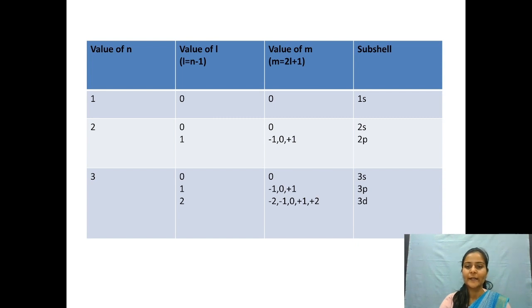And the subshell is designated as 2s. But when I take L as 1, the value of m, that is the magnetic quantum number, will vary as minus 1, 0 and plus 1, because I have already told you that the magnetic quantum number varies from minus L to plus L. So I have three values, minus 1, 0 and plus 1, and the designation of the subshell is 2p.